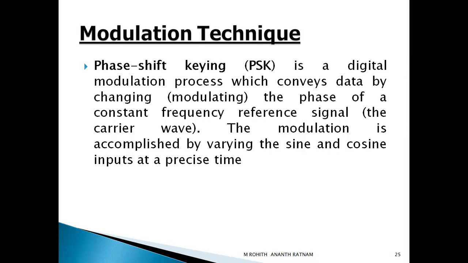For this, the modulation technique we are going to use is phase shift keying. In most satellite navigation satellites, they use phase shift keying. Apart from this, we have other types of modulation techniques like frequency modulation and amplitude modulation.